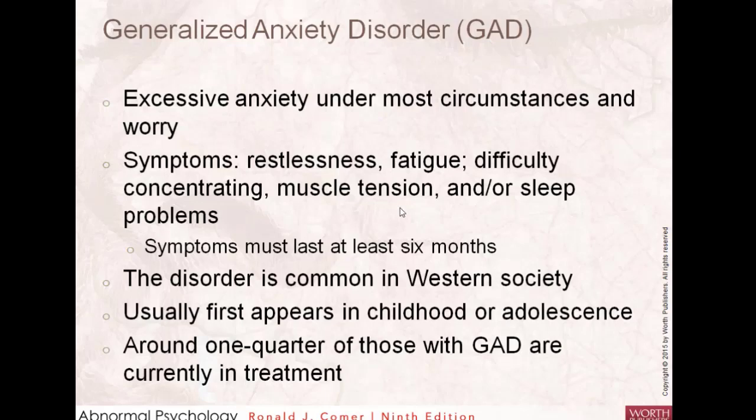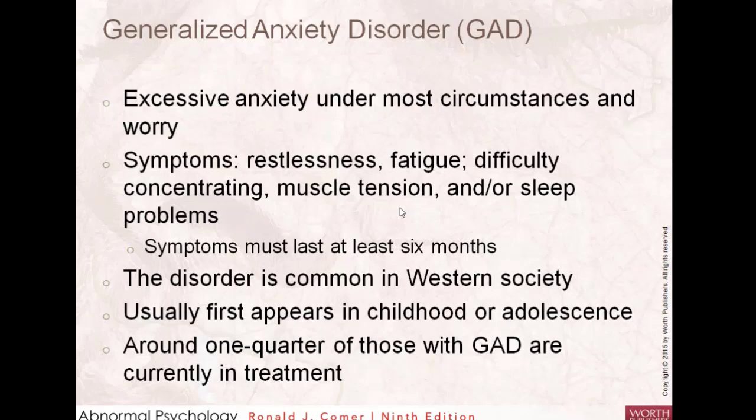What you're going to see a little bit today, but you'll see this more when we talk about depression, is that the symptoms for generalized anxiety disorder overlap substantially with the symptoms of depression. Which means that if a person has generalized anxiety disorder, they also likely meet criteria for depression, and vice versa. Now, there's several different thoughts on that.